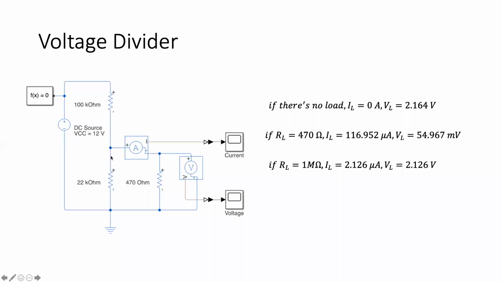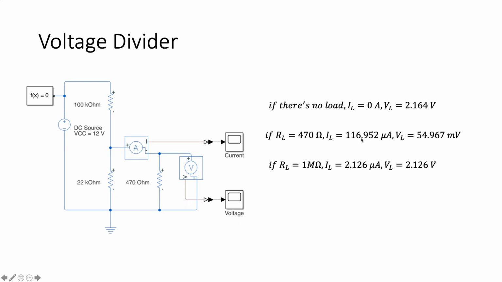Tapos once you know that, yung current ay mag-split dito at saka dito. Okay, so you can solve for the current through here. Knowing na yung voltage across this is 54.967 millivolts, i-divide nyo yan by 470 ohm, ang makukuha nyo is 117.